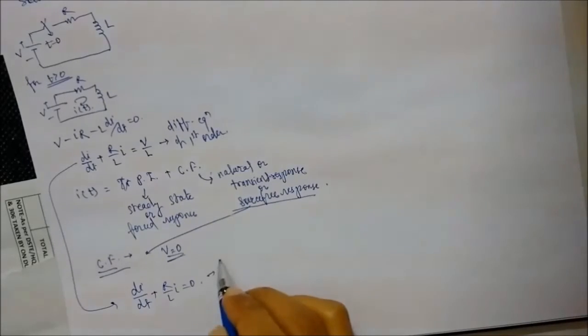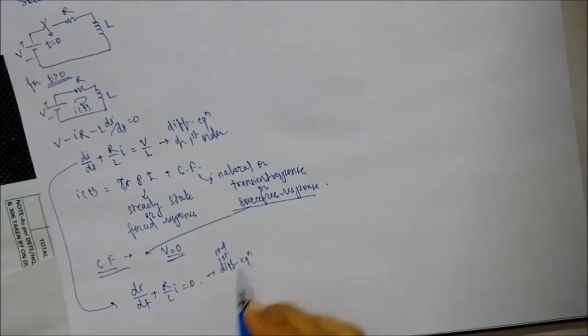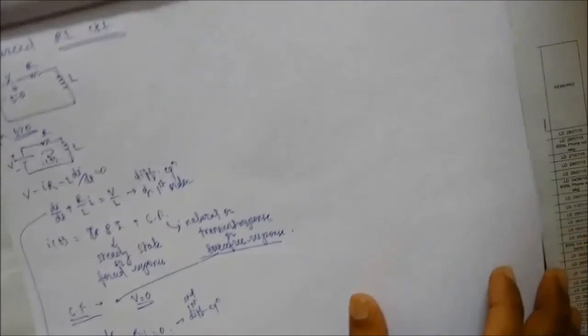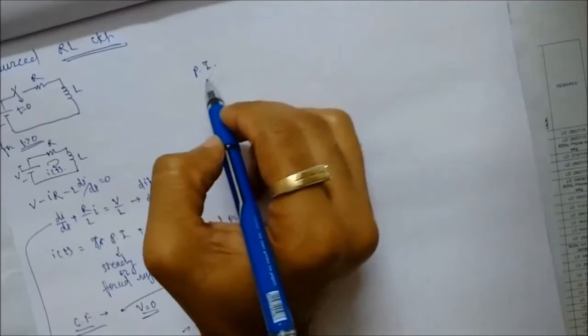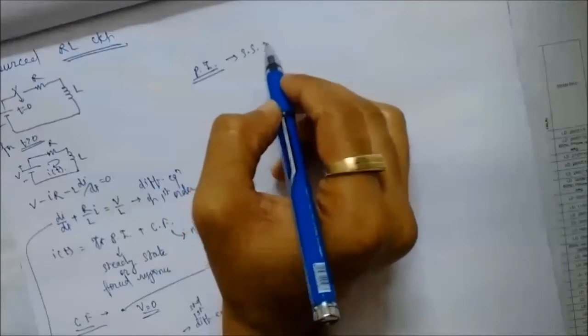Now this is a standard first order differential equation, and its solution is given as i(t) is equal to A e to the power minus t upon L by R. Now this constant A depends on the initial conditions of the circuit. Now consider the case of PI, particular integral, that means steady state response.